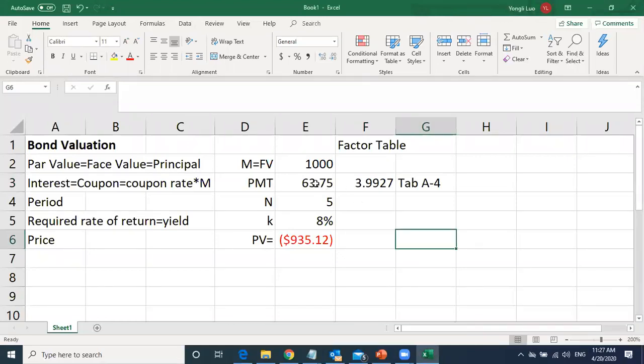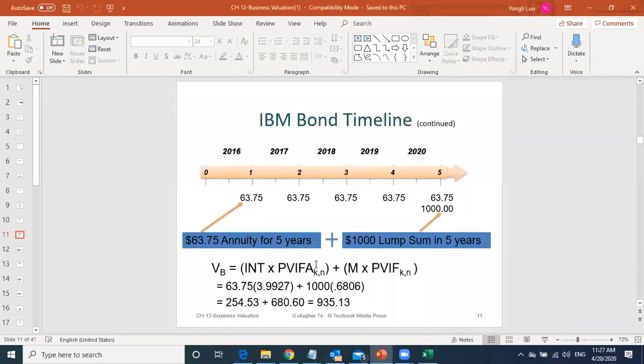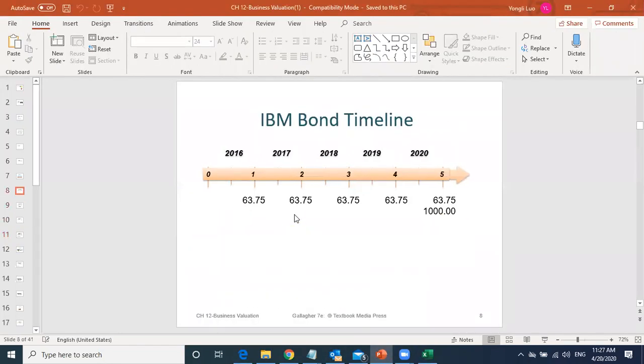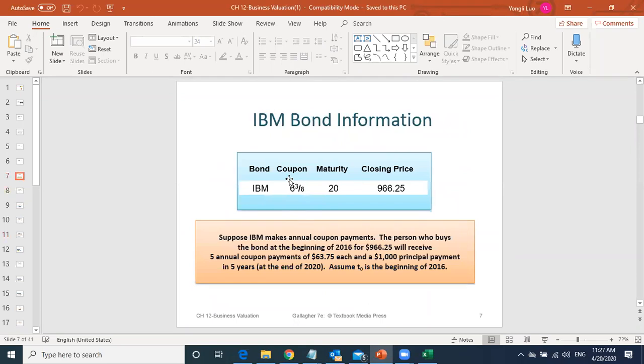So remember this is 6 3/8%. The coupon rate is 6 3/8%, using this number times 1,000.